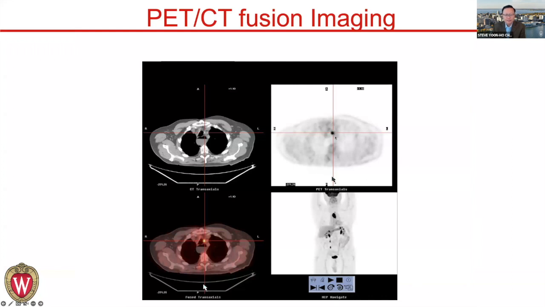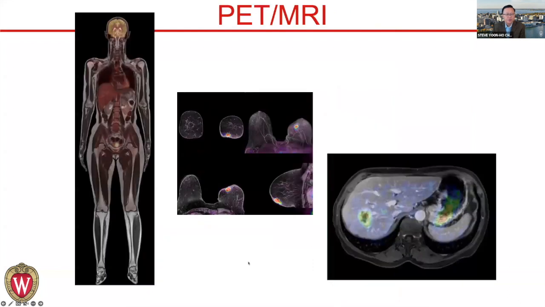We can see the activity, and then we can see this activity represented anatomically here in this fused PET CT image. We also have other modalities, a PET MRI scanner as well in the basement of Wimmer, where we can do both functional PET and MRI imaging. So this is what we do for diagnostics.